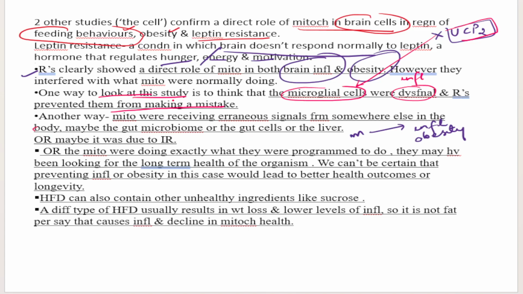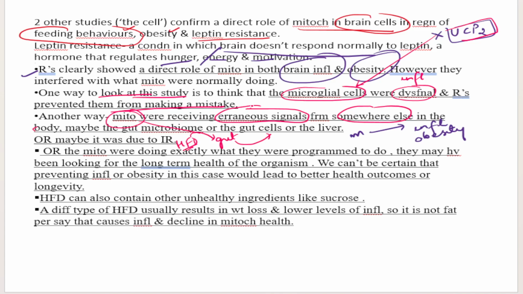Then another way is that the mitochondria were instead receiving some erroneous signals from somewhere else in the body. The mitochondria in the brain might have been receiving signals from the gut. The high fat diet was fed to the mice, and this affected their gut, and the gut sent signals to the mitochondria in the brain.